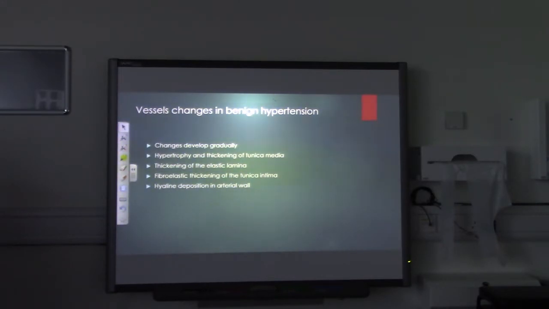We also see thickening of the elastic lamina, fibroelastic thickening of the tunica intima, and then hyaline deposition in the arterial walls. Increasing hypertension might also damage the endothelium, which would be an initiating factor in the development of atherosclerosis as well.